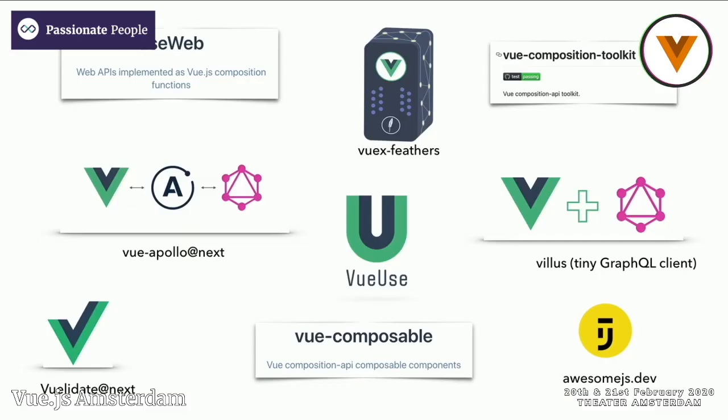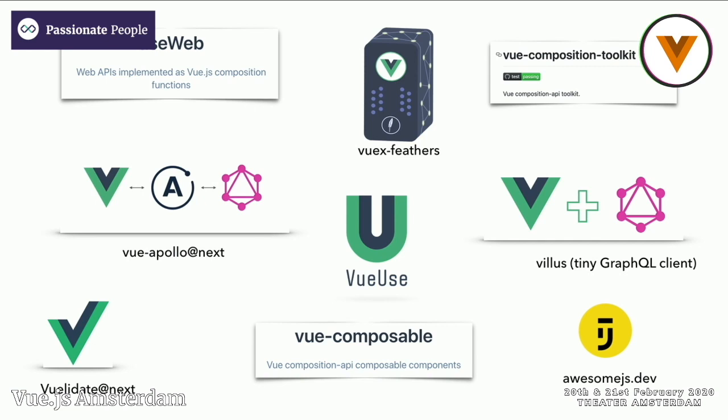And I already mentioned libraries that are using the composition API. Those are a few of them. A lot of them are projects that provide small utility functions, sort of like a composition API Lodash. And this is also a good sign because it shows how well suited the composition API is to provide reactive utilities for your applications.